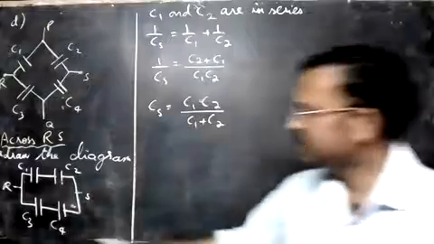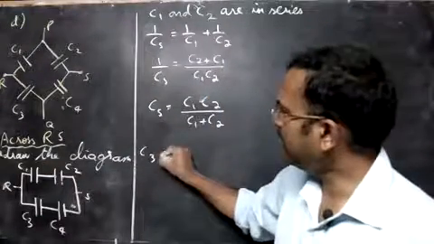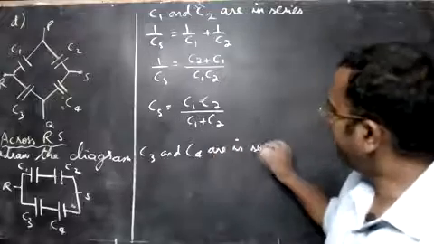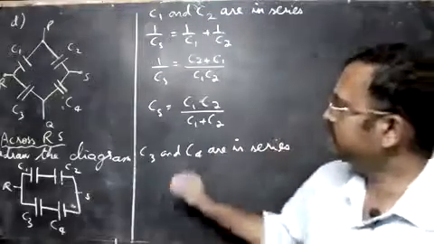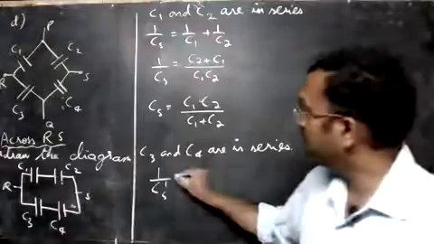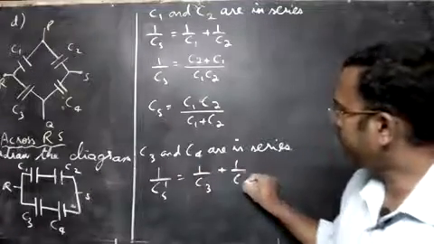In the same way you see C3 and C4 are in series. Because they are in series, we can use 1 by CS dash, to show the difference, is equal to 1 by C3 plus 1 by C4.